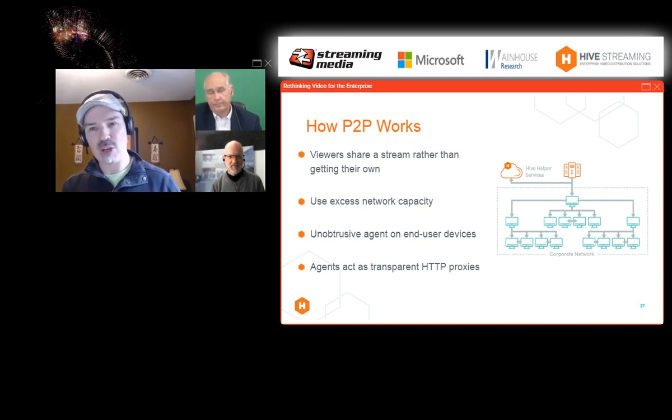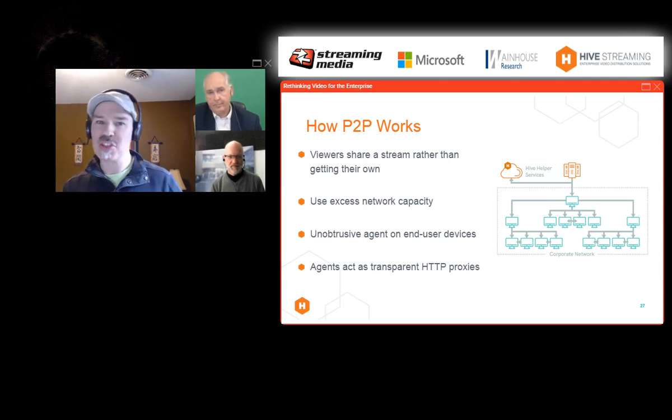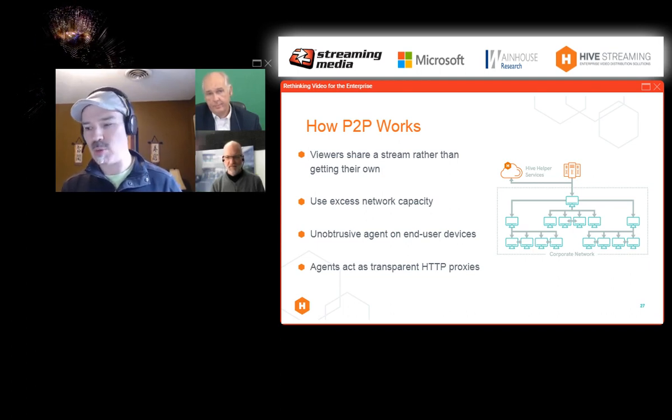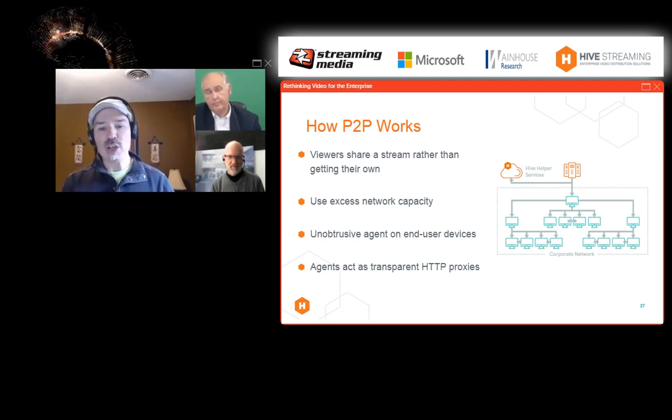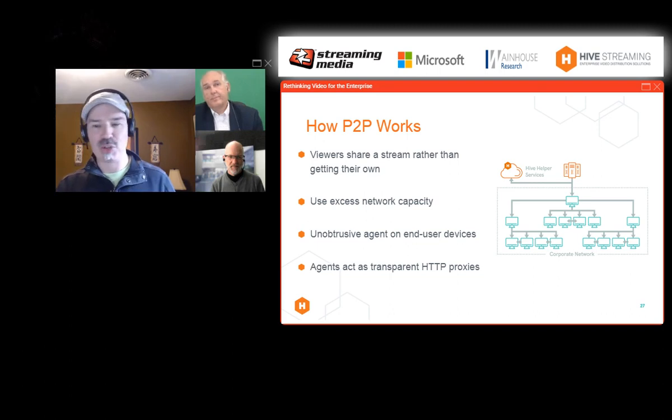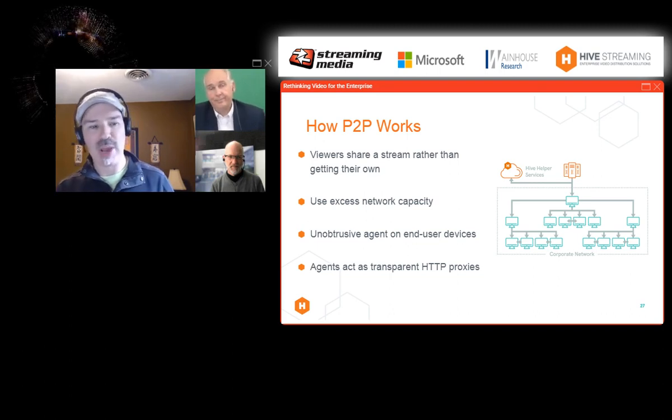It's going to pull that across those internet gateways and those WAN links that you have within the network, generally where you are constrained in some way on capacity. And then it's going to share that stream internally on the internal network, where you typically have ample capacity. You're dealing with gigabit switching and whatnot. So you're really offloading that traffic from your restricted, constrained links to deeper in the network where you have excess capacity.